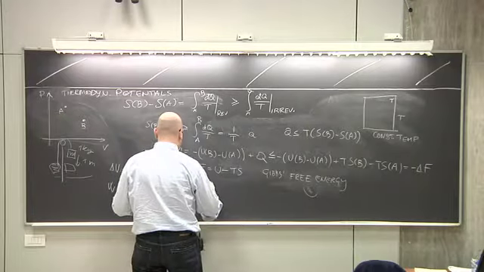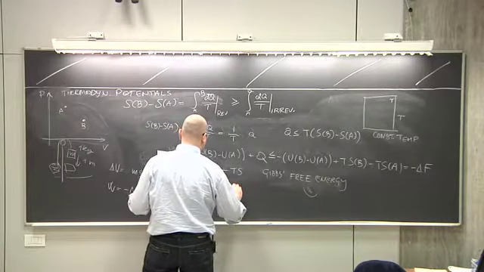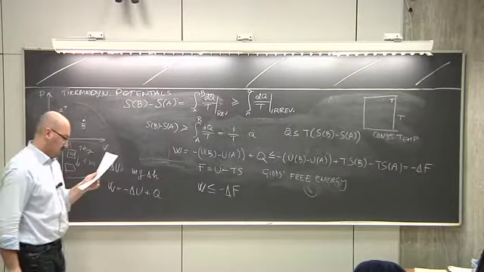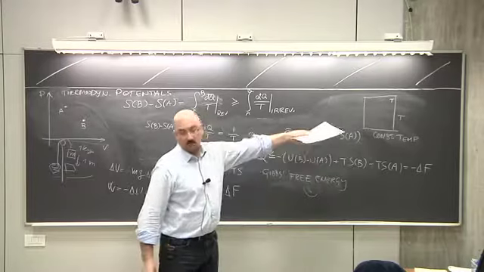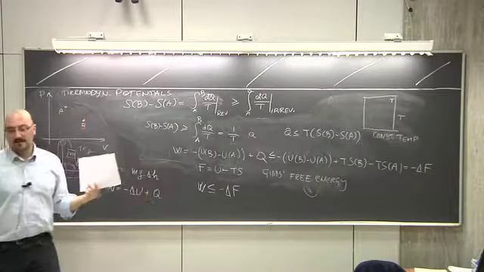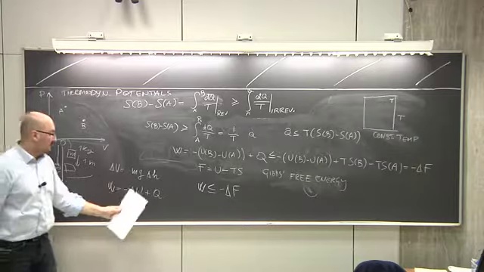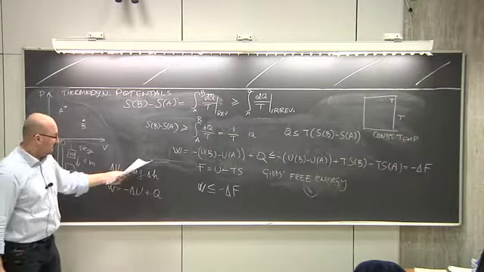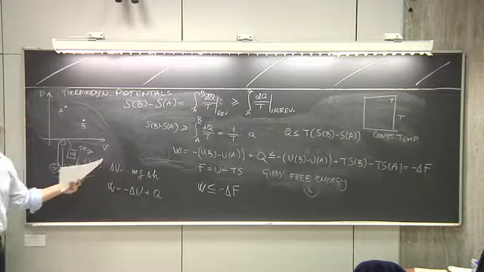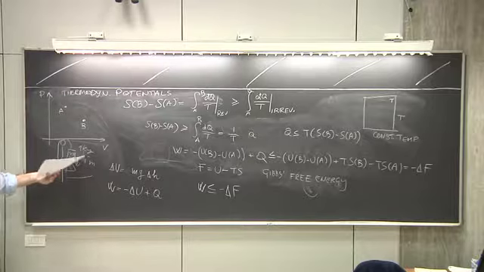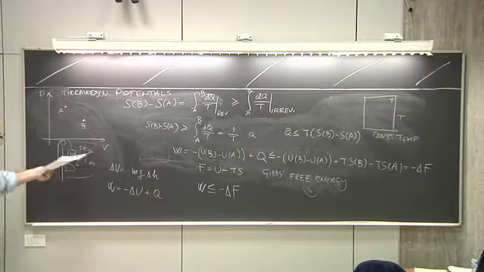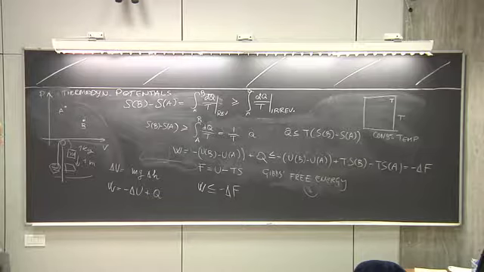Let me write this down. Well, it's free in the sense that it's the energy which is available to be extracted by the system. It's like the potential energy in a non-thermodynamic system, in a very simple Newtonian mechanics system like this.